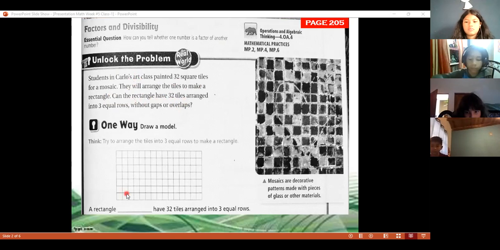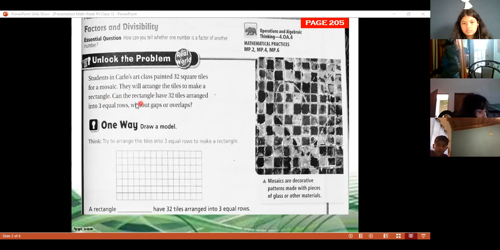So we need to find out this question, class. We need to create a rectangle here because it says in the class of art, they're going to paint 32 square tiles for a mosaic. And then it says that we arrange the tiles to make a rectangle. Now, can we have gaps?